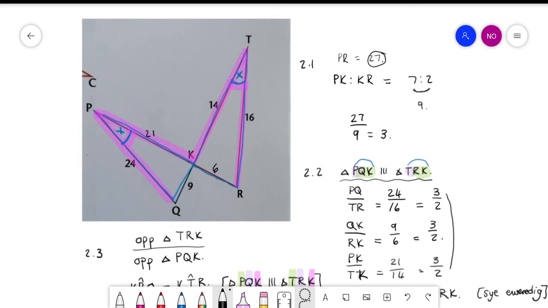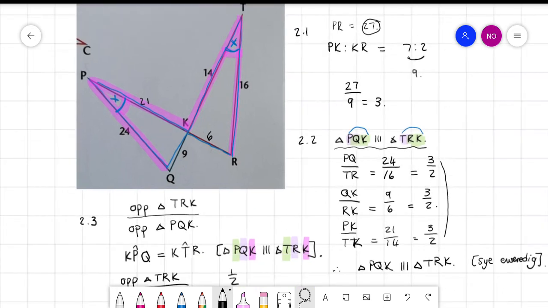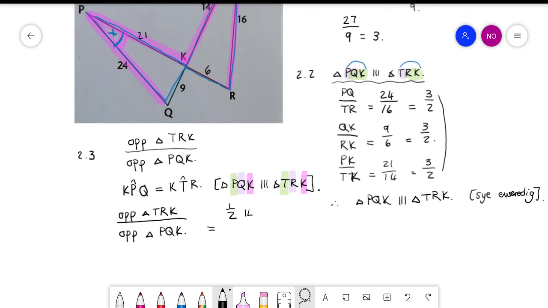You can't use the 6 because I'm using this angle. Over. Now I'm at this triangle. I have to use the 21 and the 24 because I'm using this angle.